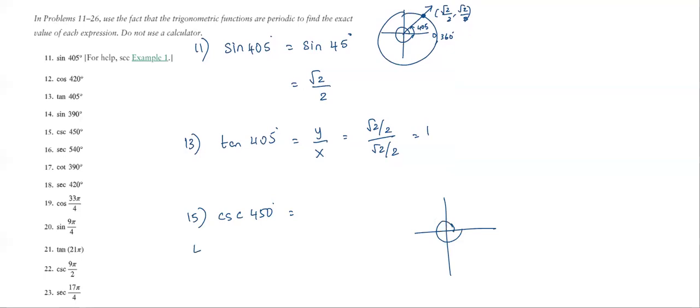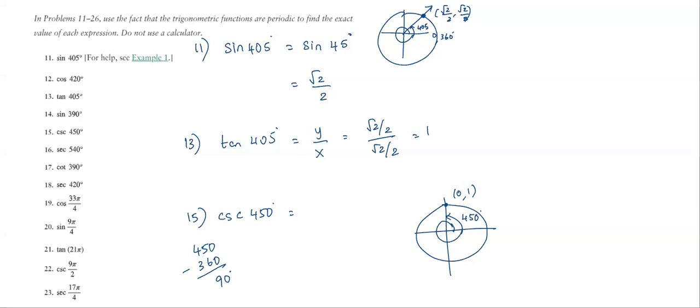And what is 450 minus 360? If you did that, you'll get 90 degrees. So after you finish one revolution, you have to travel 90 degrees more to reach the 450 degree angle, right? Now look at the unit circle coordinates here. This point is going to be 0, comma 1, right?